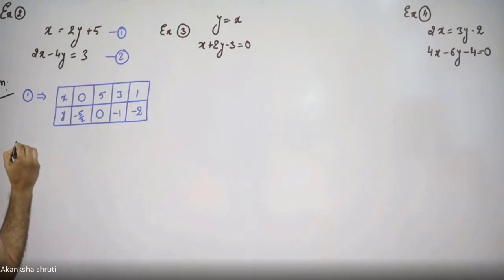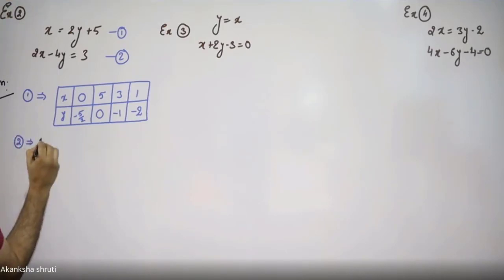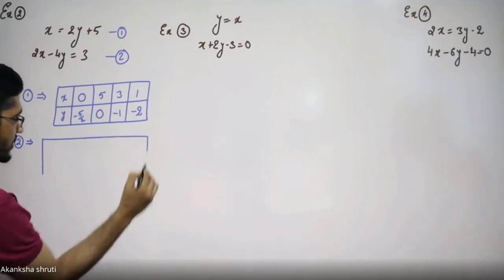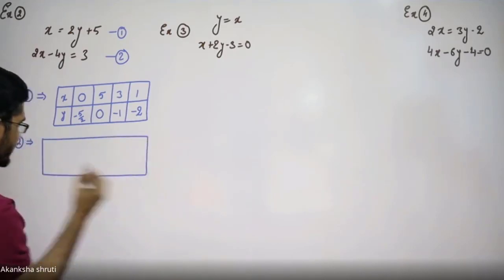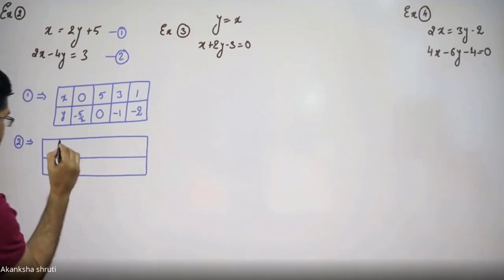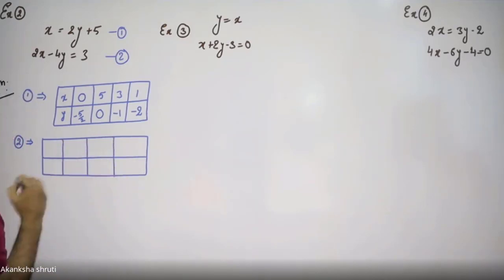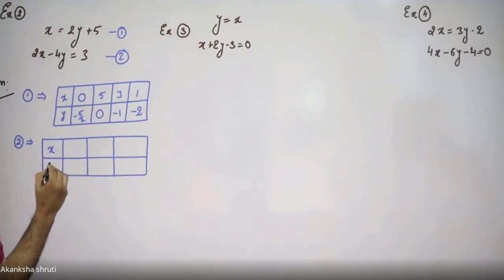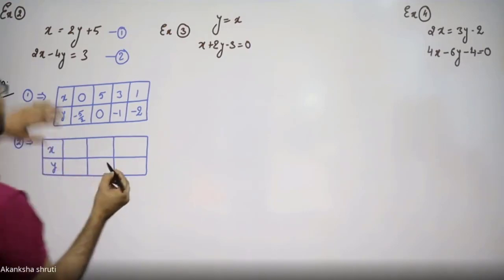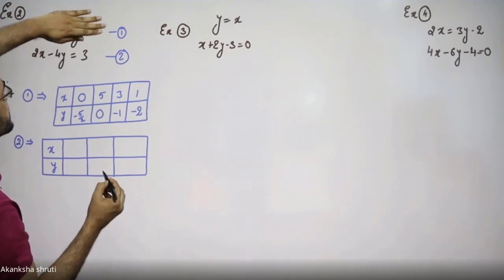Similarly, we have to draw the table for equation 2. Again do the same thing for tabulating. Take at least 2 or 3 values. Let me take only 3 values. Take the value of x and y. For the second table, forget this first equation.